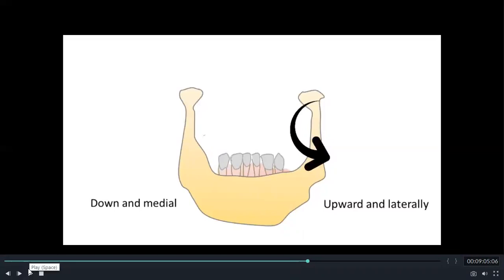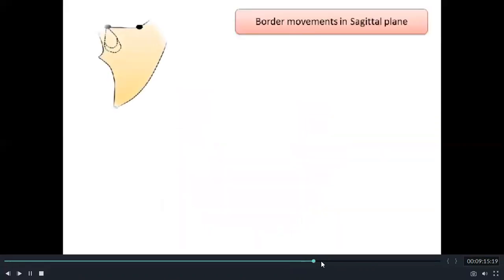This contrasting movement should happen in harmony. And this side of the condyle gets prevented by the entoglenoid process here, whereas on this side it is not getting prevented. So this is the sagittal view.